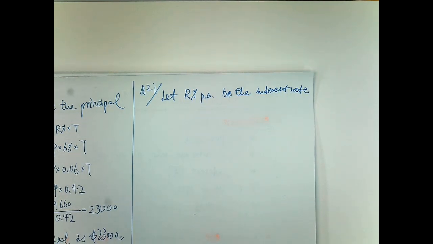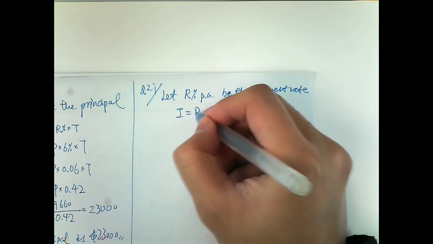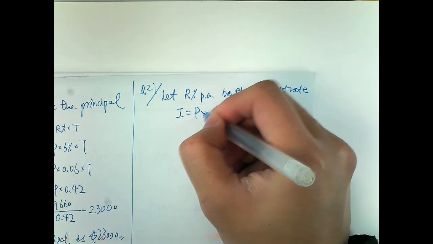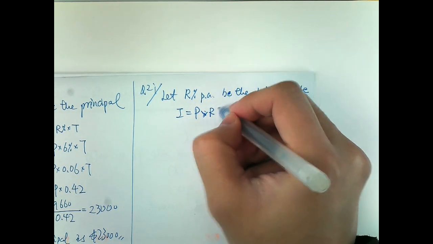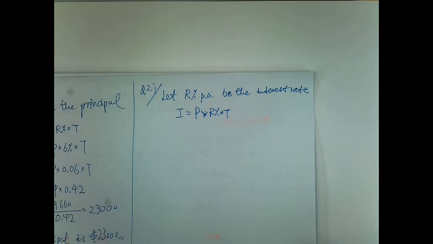So read what you have. You have the P, you have I, you have the T, 6 years. You don't have A, so you use the I formula. Okay.